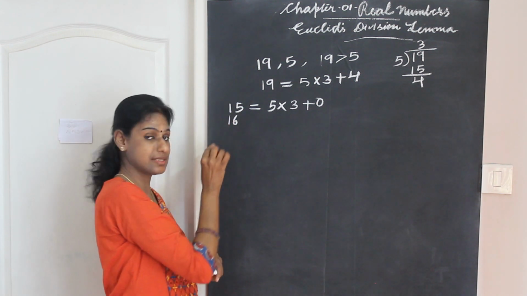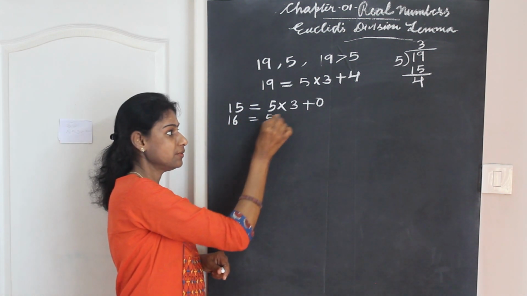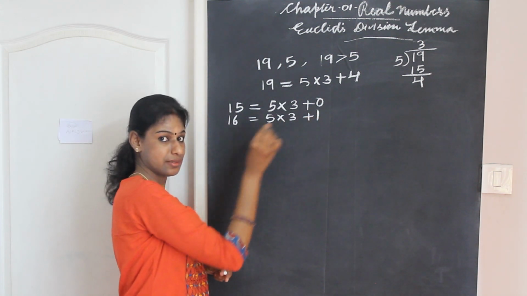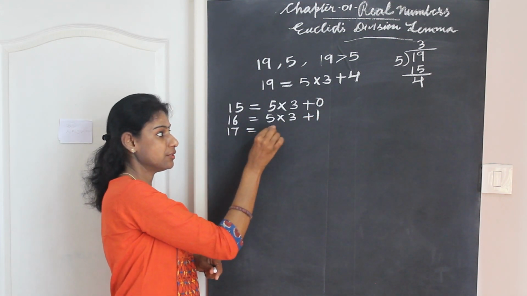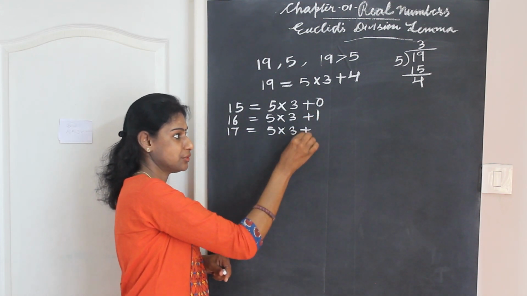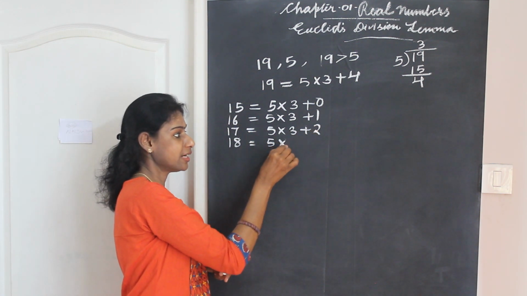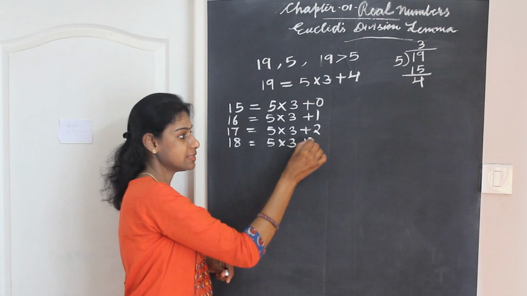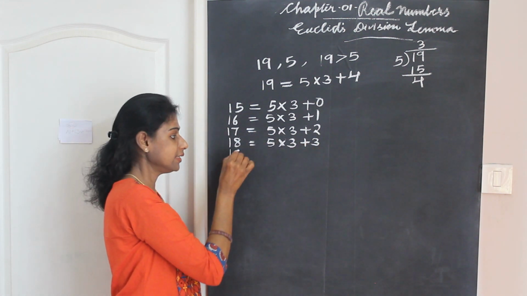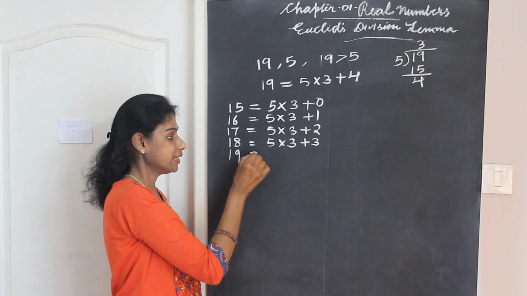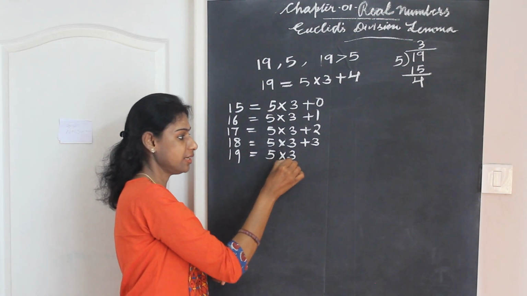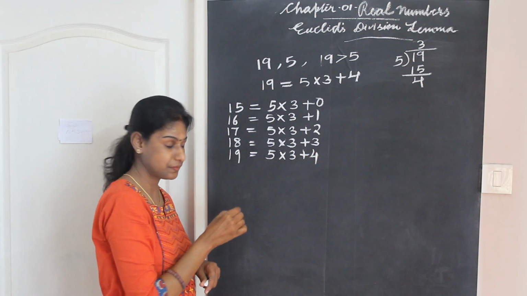If we take it as 16, 16 is equal to 5 times 3 plus 1. 17 is equal to 5 times 3 plus 2. 18 is equal to 5 times 3 plus 3. 19, already we have written, is equal to 5 times 3 plus 4.